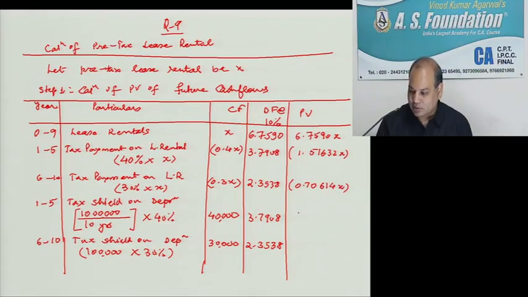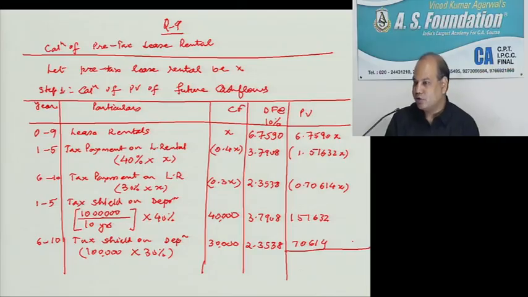Now again multiply 1,51,632. Yes or no? 70614. Is it right approximately? Yes.